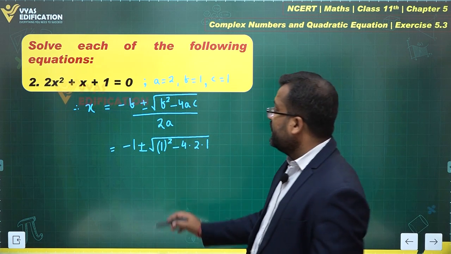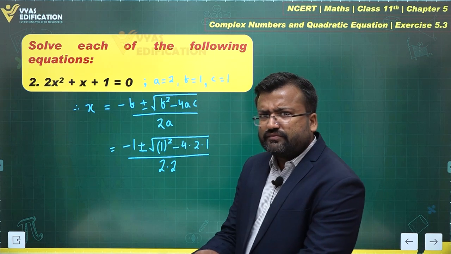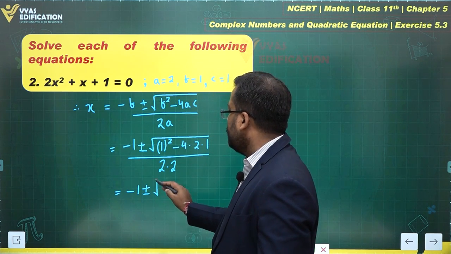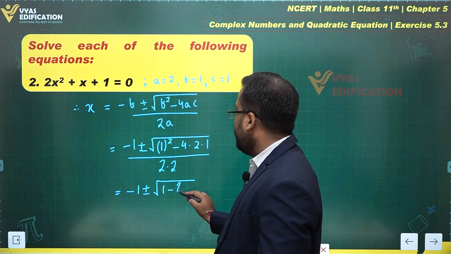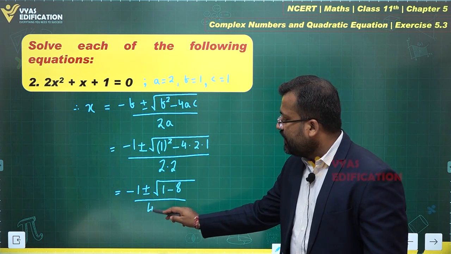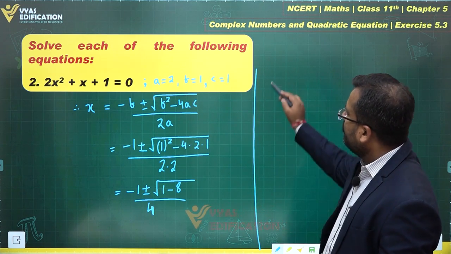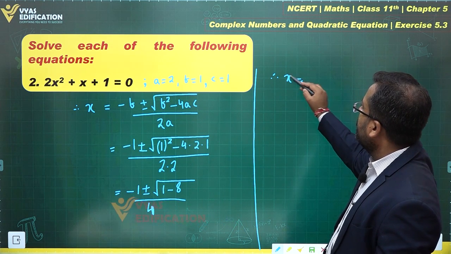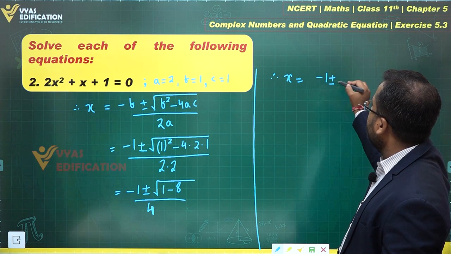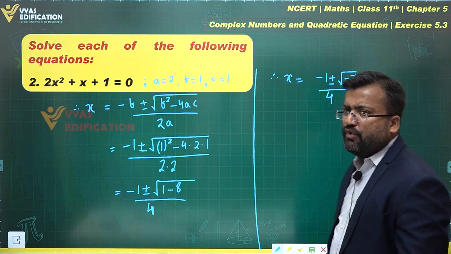What about the denominator? In the denominator you get 2 times a, which is 2 times 2. What next? This is minus 1 plus minus under root of 1 minus 8, okay, upon 4. This is what I am getting. Therefore, x equals minus 1 plus minus root of minus 7 upon 4.